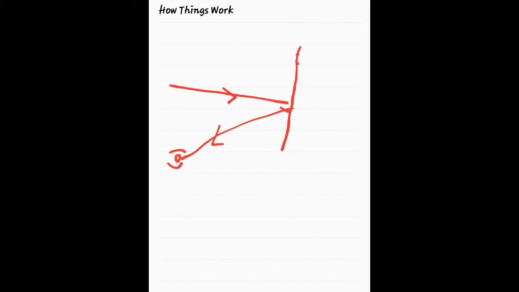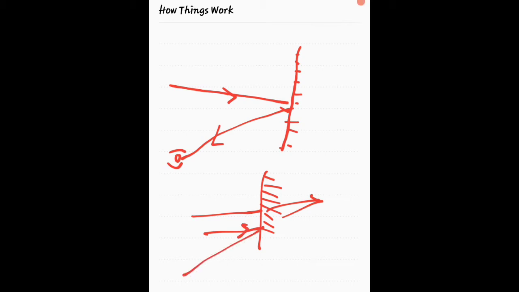Also, this surface should be opaque and not transparent. If the surface is transparent, the ray which is coming here will pass in this direction and we will not be able to see anything. But if the object is opaque, it will not allow the ray to pass this side, it will send it this side. In this way we will be able to see the images.